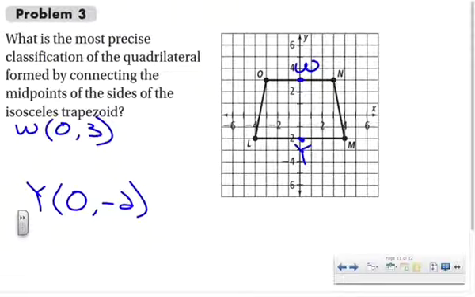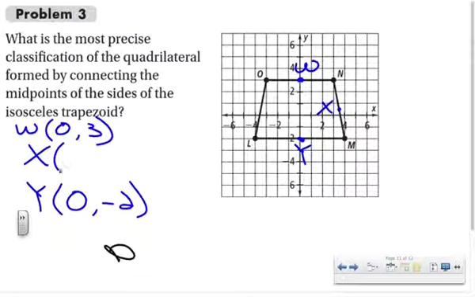So in this diagram, we see that X is there. What do you think the coordinates of X are, based on where we see it, realizing that it's halfway between the x's for M and N, and it's halfway between the y's for M and N?